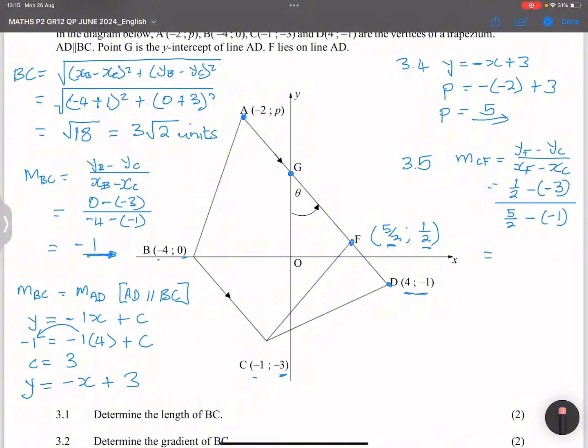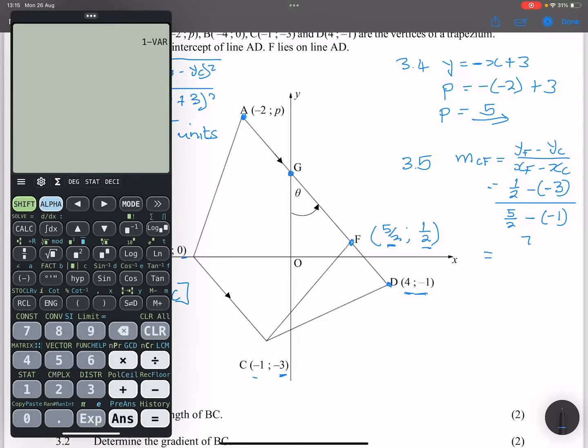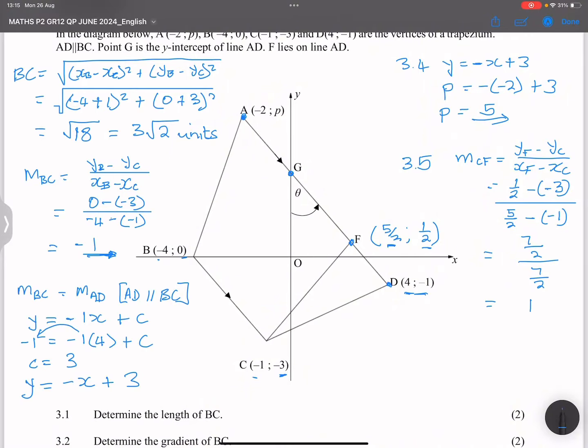So we've got 1 over 2 plus 3. Okay, so that would be 7 over 2, isn't it? Just to be on the safe side, yeah, 6 over 2 gives us 3. So we've got 7 over 2 divided by 5 over 2 plus 1 again, which gives us 7 over 2. So 7 over 2 divided by 7 over 2 will definitely give us 1. Okay, so the gradient of CF is 1.